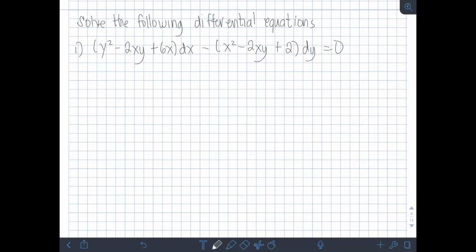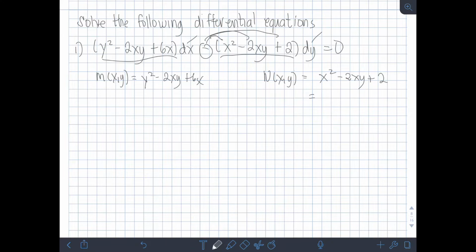Okay, so therefore we have M of x, y equals, dito sa nakamultiply sa dx, itong function na to, y squared minus 2xy plus 6x. Tapos yung N of x, y natin, yung nakamultiply sa dy, which is this function, x squared minus 2xy plus 2. But take note, meron siyang negative. So, didistribute natin yan. Magiging negative x squared plus 2xy minus 2.